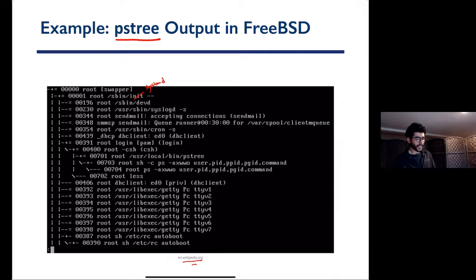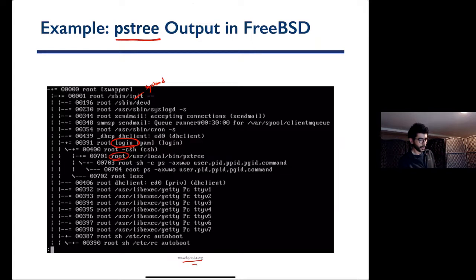Something like this, right? The init is basically the grandparent of everyone, and then you have a bunch of processes. This is the login, for example, a process that was created by init. And it seems like whoever logged in, logged in as root.